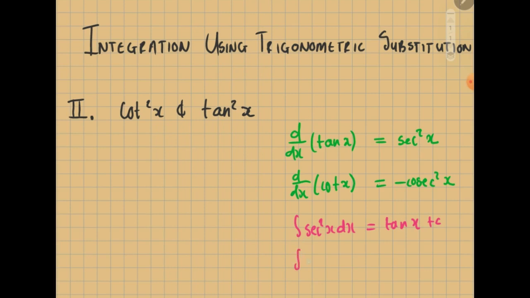Of course, there'll be a constant of integration c, but you can see that it's taking me back. And the integral of cosec squared x with respect to x will be negative cot x, because positive cot gave negative cosec, so positive cosec will give negative cot.